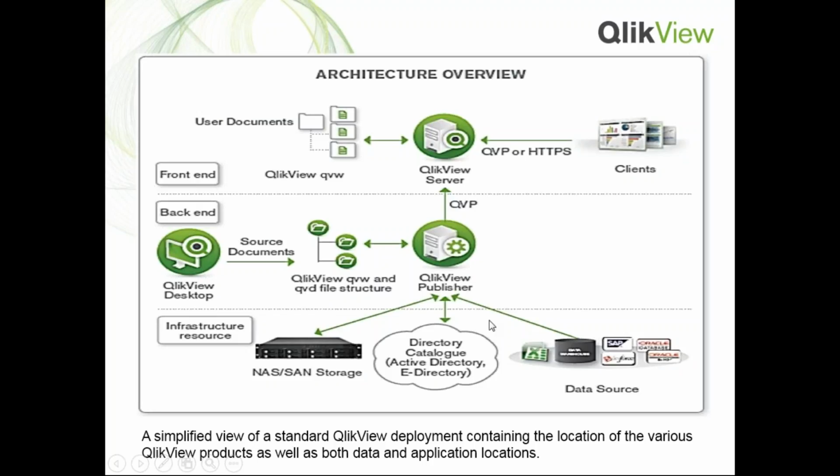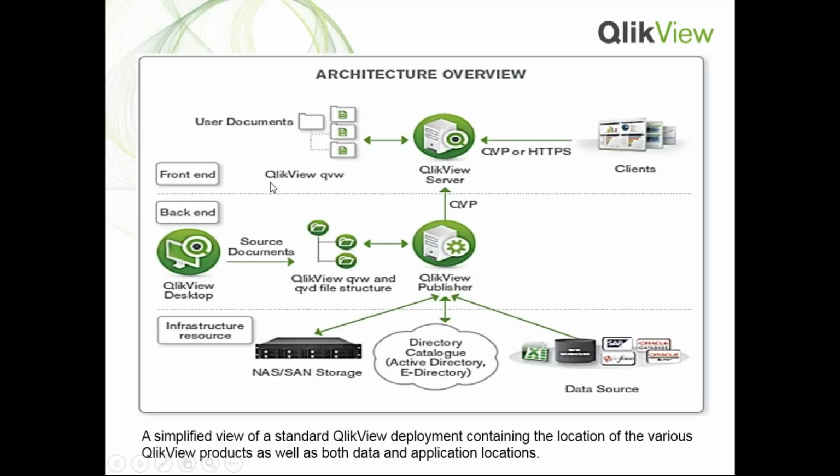So QlikView Publisher will automate this data loading process from the different data sources. At the bottom you have different data sources. So the data loading process will be automated and placed here. The latest QVD will be automatically generated every morning. Now this procedure will be replicated in QlikView Server also. QlikView Server is another production server where you just migrate this code.